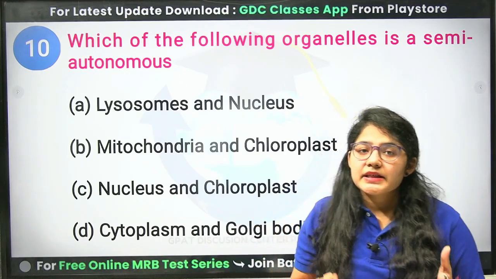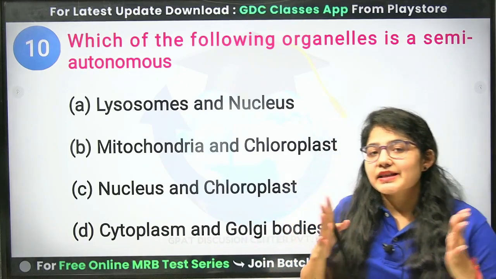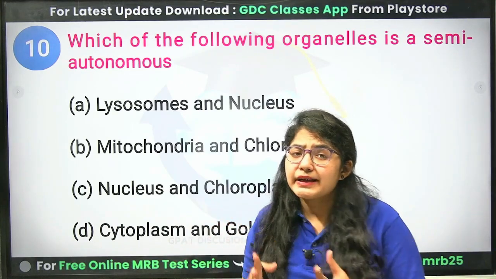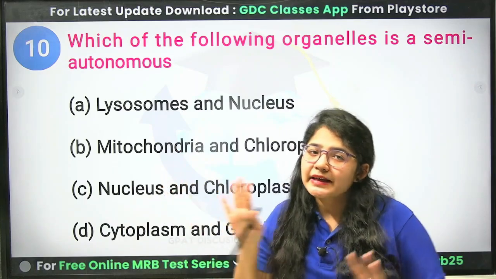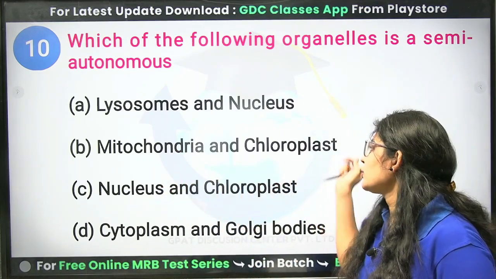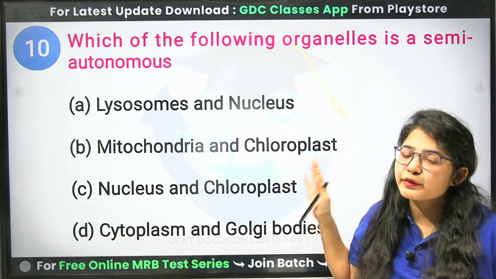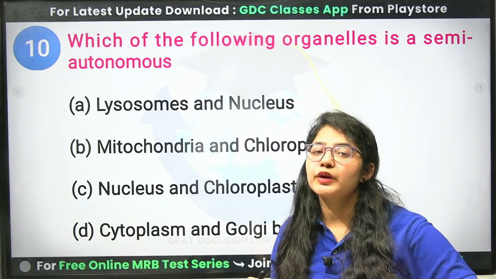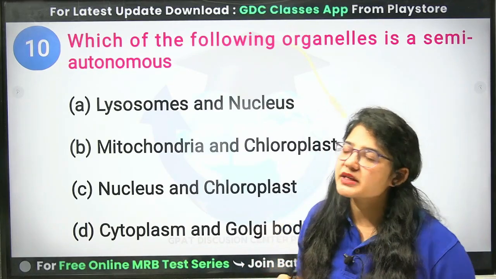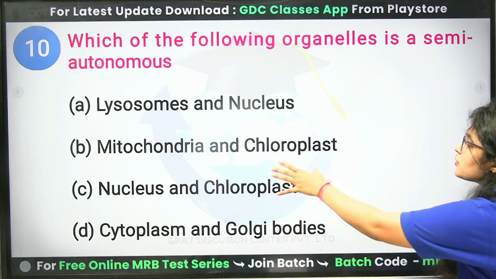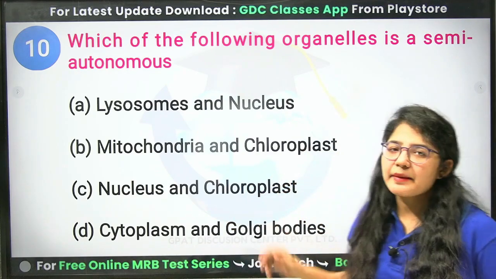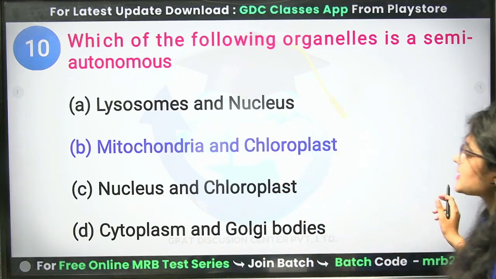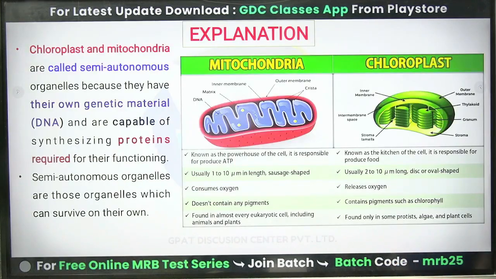It contains its own DNA as well as its own power, ATP, so mitochondria doesn't need anyone's help. Next is chloroplast, which is responsible for photosynthesis in plants and is also able to perform its own functions. That's why these two organelles are semi-autonomous. So the correct answer is mitochondria and chloroplast.